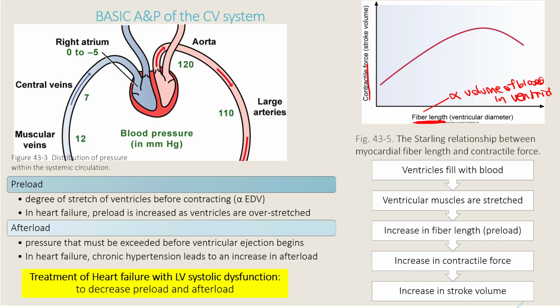As more blood enters the ventricles, the myocardial fibers are stretched. And the more blood enters, up to a certain point, the greater the contractile force and the higher the stroke volume. And remember, stroke volume is the amount of blood that leaves the ventricles when it contracts.